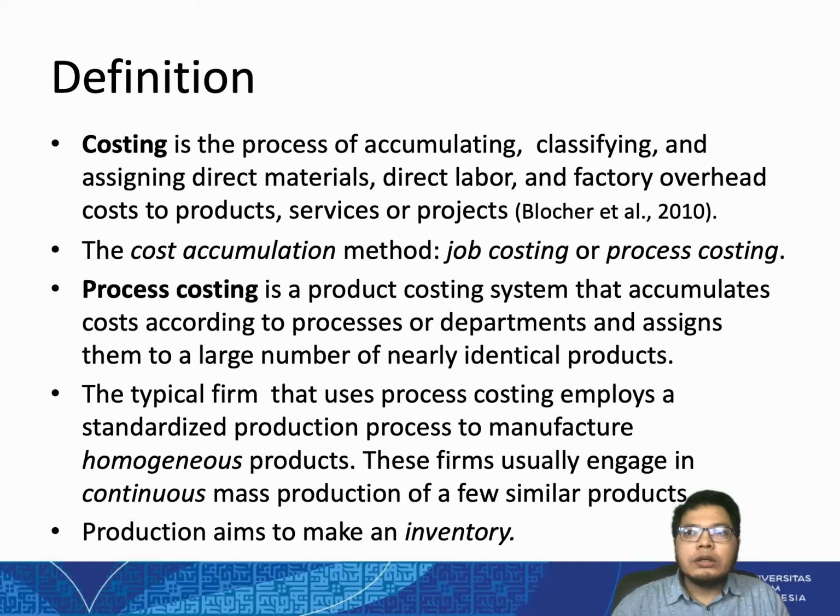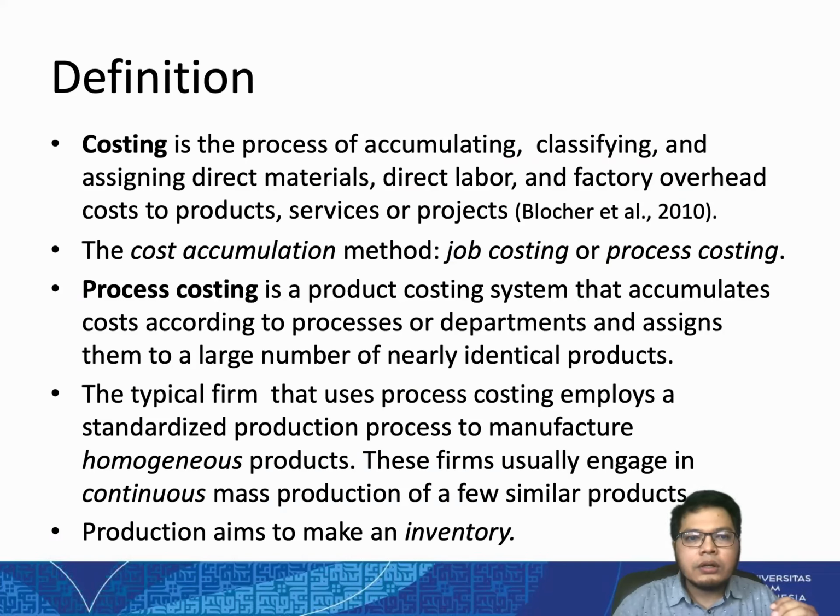So in a product that has an assembly line, usually the product goes through several stations, such as welding and then also painting, etc. Because of this, we need to do process costing, right? And it's also a nearly identical product.